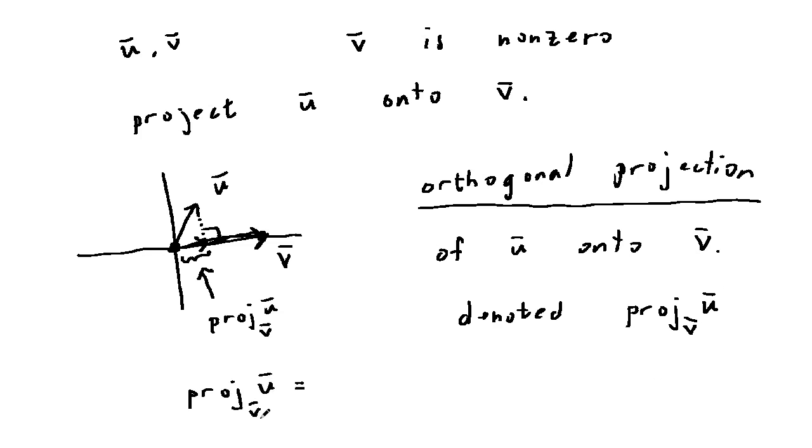The projection of u onto v is equal to u dot v divided by v dot v, that scalar times v. So it's a scalar multiple of the vector v, which makes sense since this projection is pointing in the same direction as v, so it's going to be some scaled version of v.